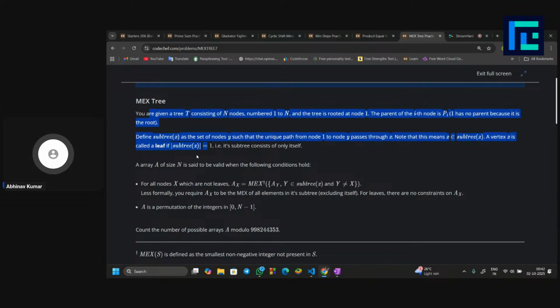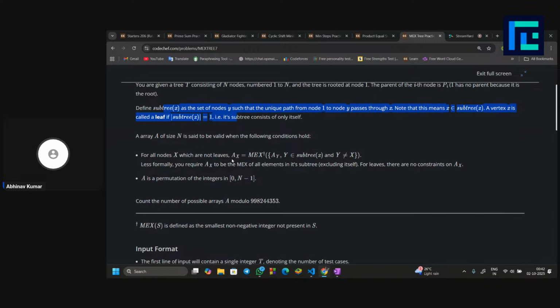So this problem was stating that you are given a tree, and this subtree, I hope you know what it is. You have to assign a permutation for all the nodes of the tree, so that for any node which is not a leaf node, the value of the permutation is the MEX of all the values of the nodes in its subtree.